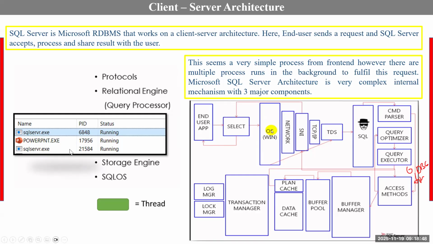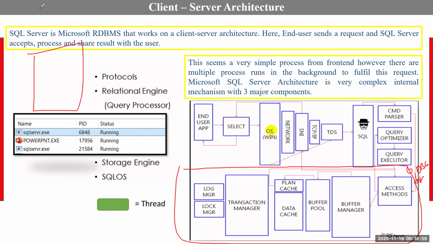Your storage engine is nothing but temporary. There is a physical storage: disk is your physical, RAM is your logical. Your data is processed in the RAM, nothing but the cache.